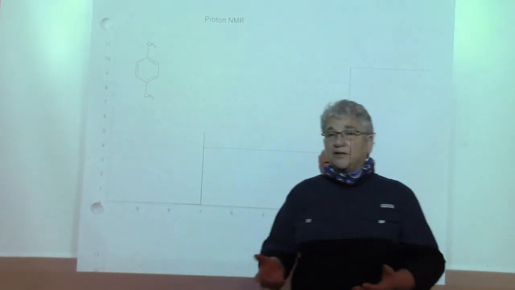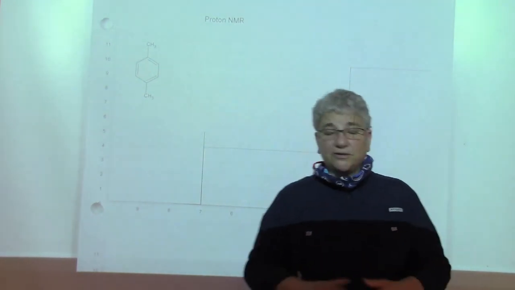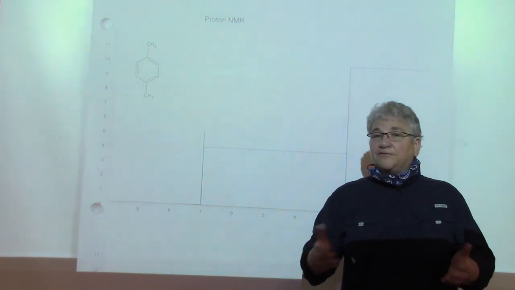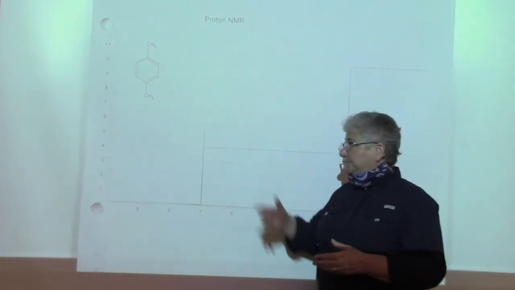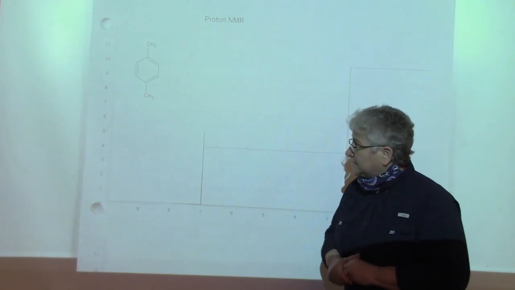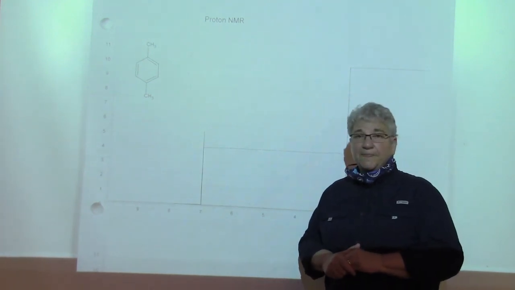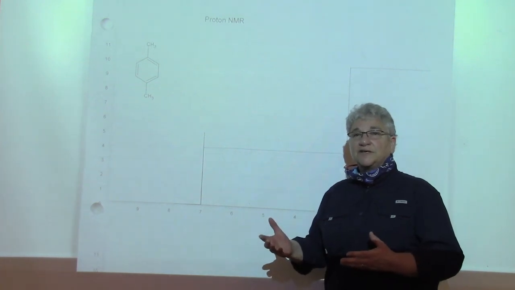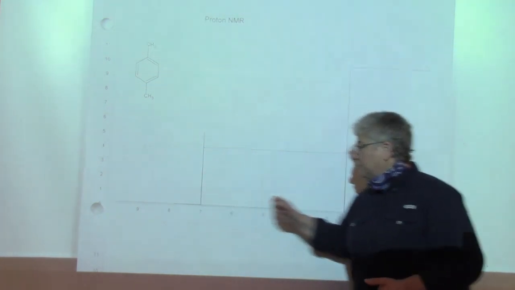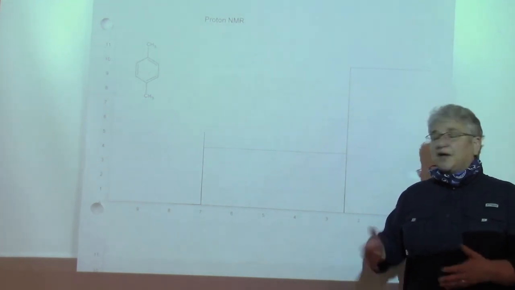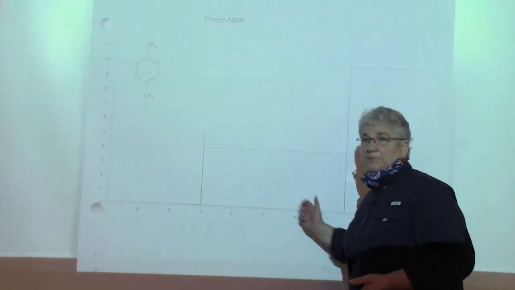Either you know what your molecule is, or in many cases you don't know your molecule, but you might know the molecular formula. If the molecular formula you're given was C8H10, you know there are 10 hydrogens, but it only integrates to 2 and 3, so it only integrates to 5, then you know that really each one of these is double.